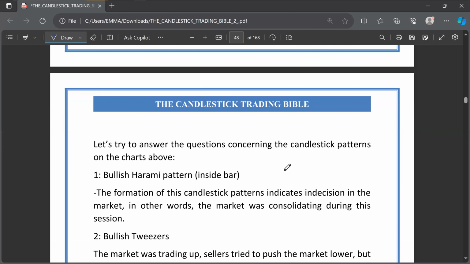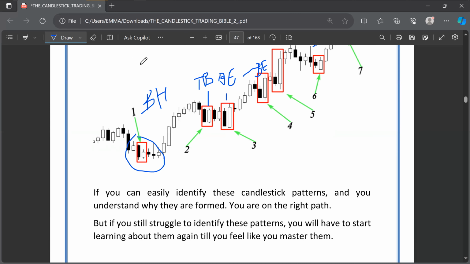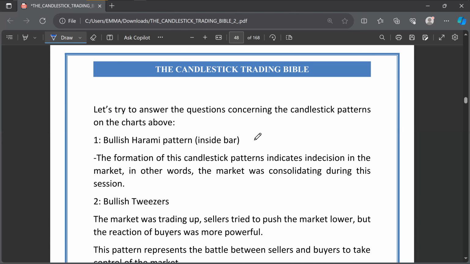Now the first one is a bullish harami, like I said. So let's go and see. B, bullish harami. You got it correct. Now we come to the second one. The second one is bullish tweezers, meaning tweezers bottom.